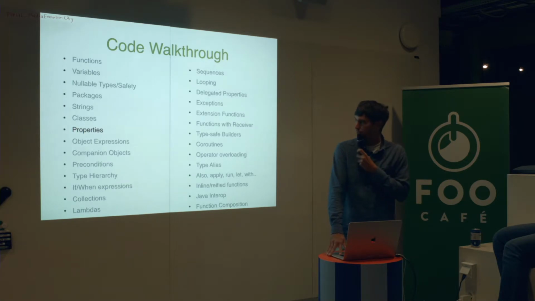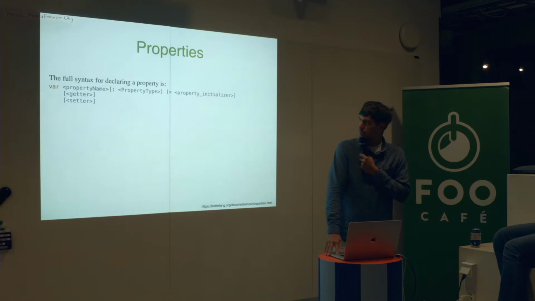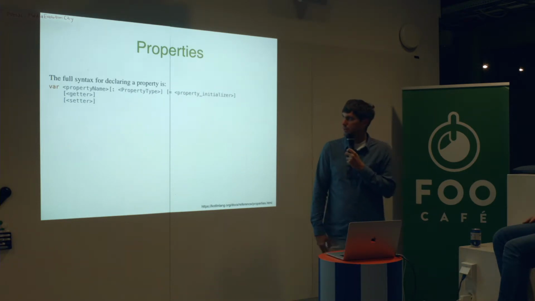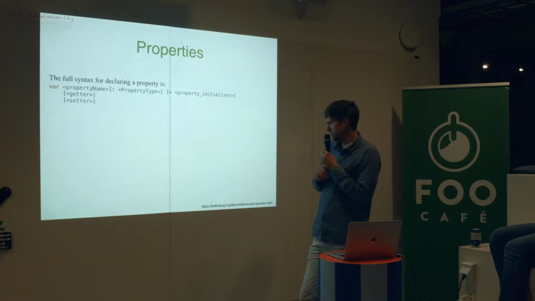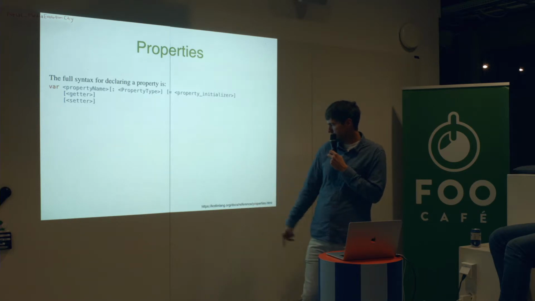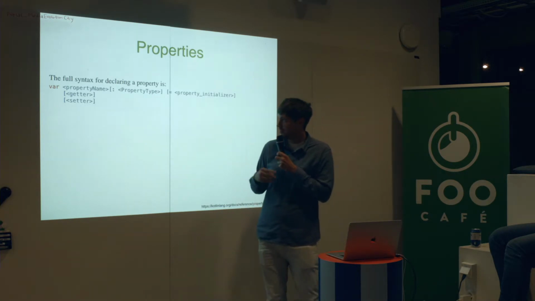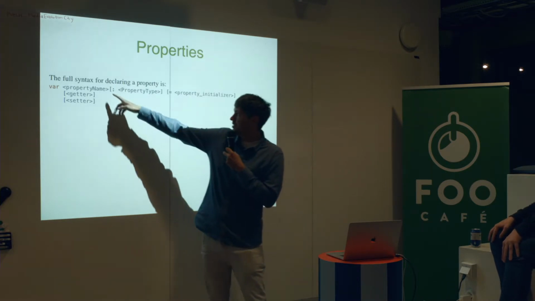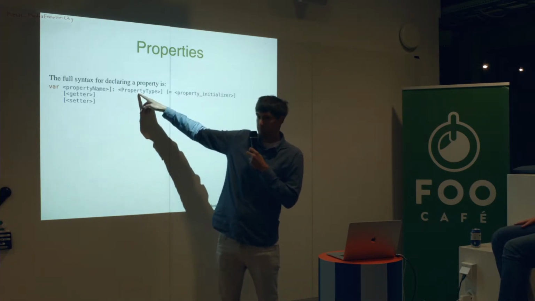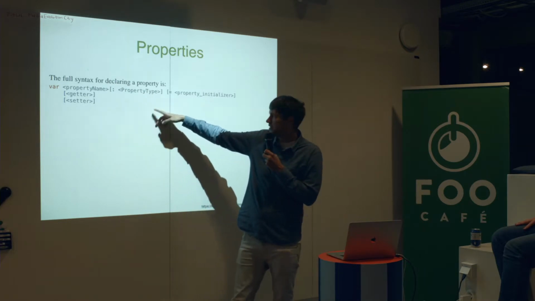Now we're going to look a little bit closer at properties in Kotlin. You've seen examples of properties already, but this is the full syntax for declaring a property. This is according to the reference documentation, so this should be correct. You have the name of the property, and then the property type, which is optional, it can be inferred.